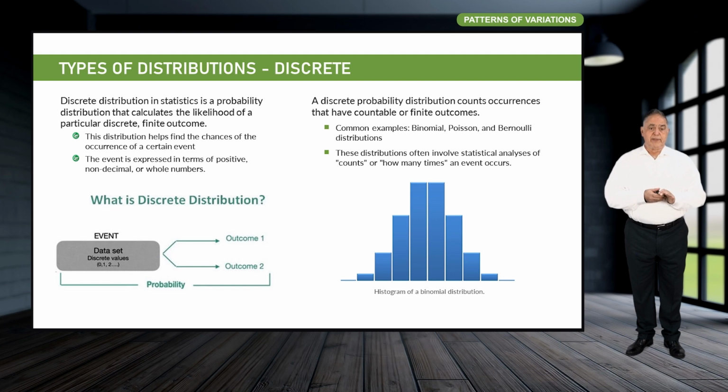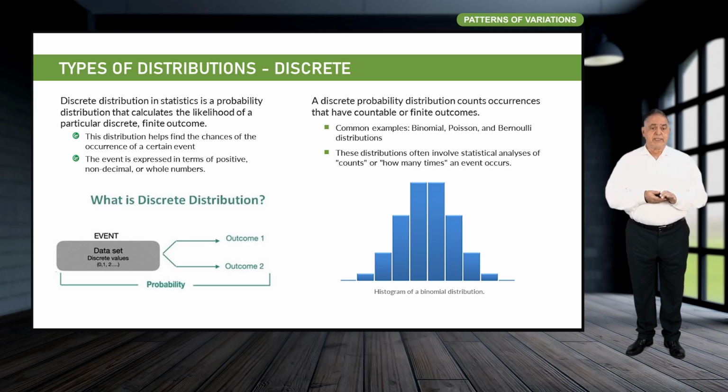The distribution helps find the chances of the occurrence of a certain event. For example, how many buses are going to arrive at a bus stop within the next 60 minutes.